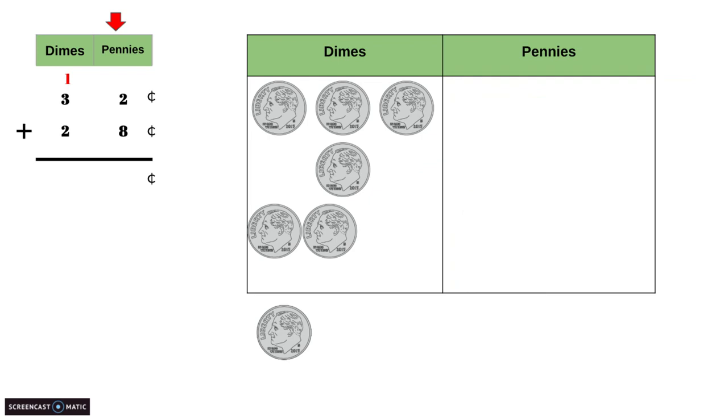Now remember, when we're adding, we do the pennies first. Now you can see here, there are 0 pennies or 0 ones, so we would put a 0. And now we have 1, 2, 3, 4, 5, 6 dimes. So 32 plus 28 equals 60.